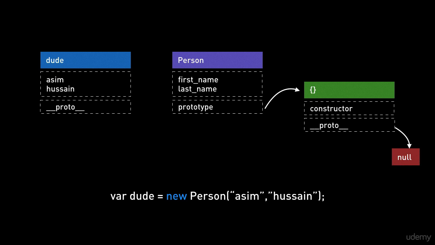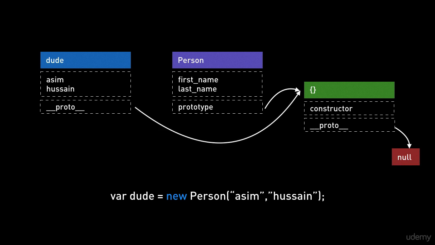So back to the question of what the __proto__ property of our dude instance points to. What do you think it points to? Honestly, think about it for a second. I'm going to give you 5 seconds to think about it. So the answer is it actually points to the Person prototype object.